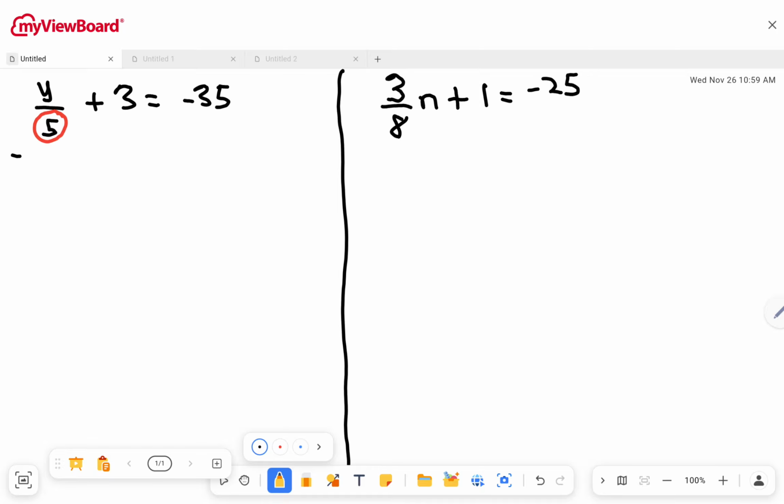We are going to have 5 times y out of 5 plus 5 times 3 is equals to 5 times negative 35.